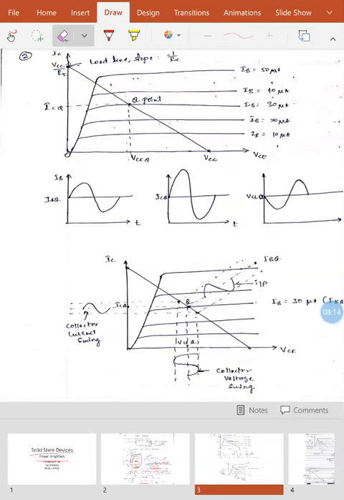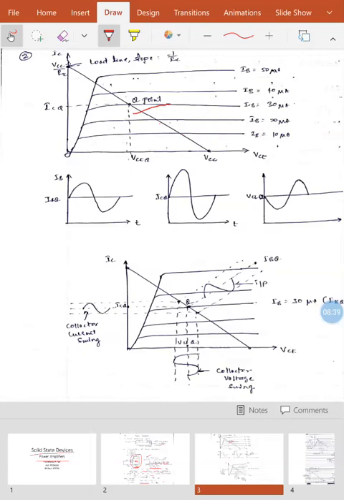Now, what is the significance of that? Wherever it is touching a particular output characteristic, that indicates a point called the Q point. You can also call that the quiescent point. And particularly it will be expected at the middle of the line.